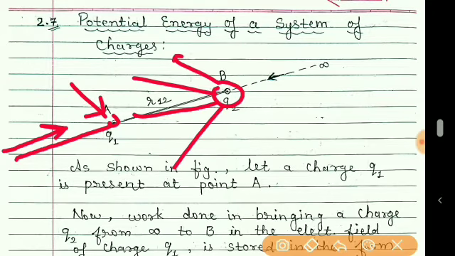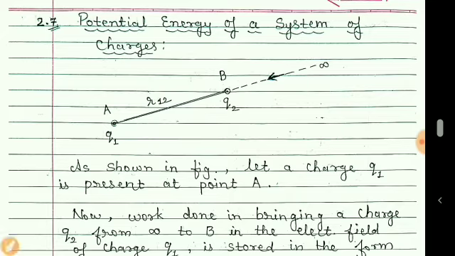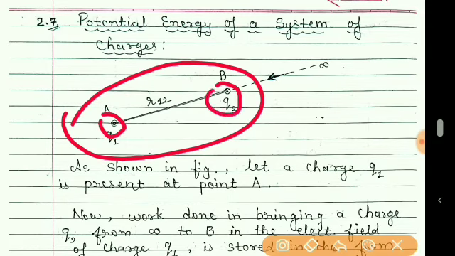So definitely we need to do work. Both methods are similar, and in both the work done will be the same, and that work done is stored in the form of potential energy of the system of two charged particles Q1 and Q2, which are separated by distance r1,2.